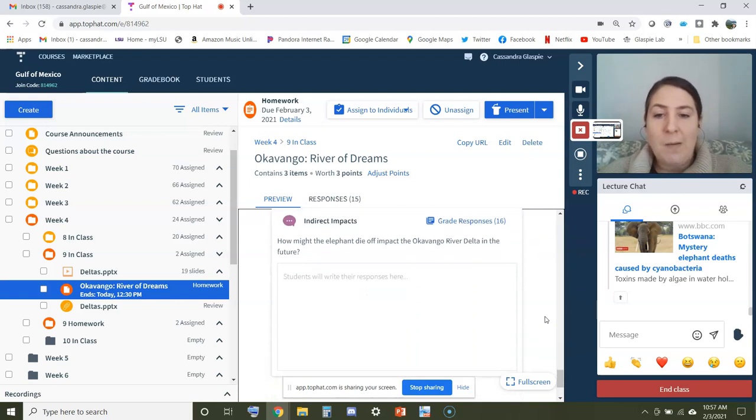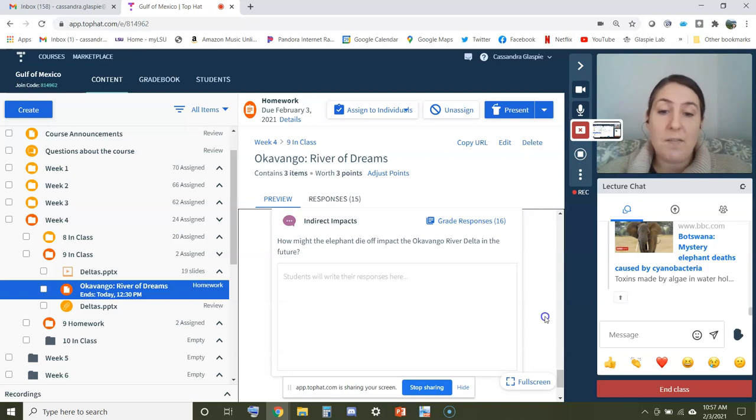So my question was, how might the elephant die-off impact the Okavango River Delta in the future? Well, these elephants are engineers really of the Delta, so they're the ones kind of determining ultimately which way the water is going to flow, and they are actively engaging in building up the river Delta.